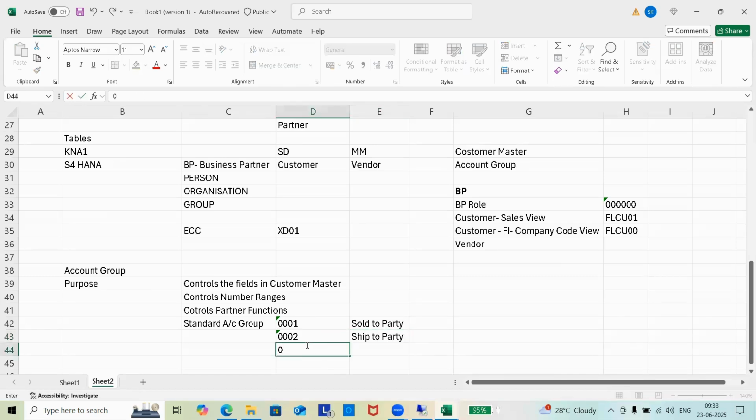Then 0003 is for payer, and 0004 is for bill-to party. Sorry, I made a mistake earlier, so please correct that one.